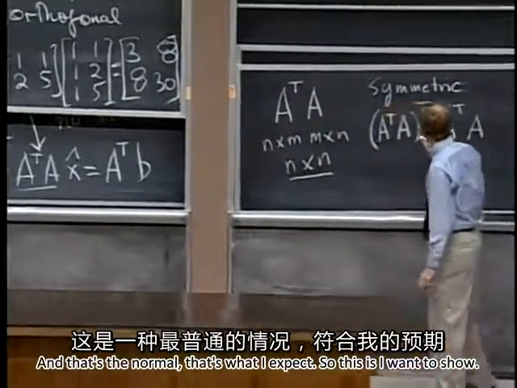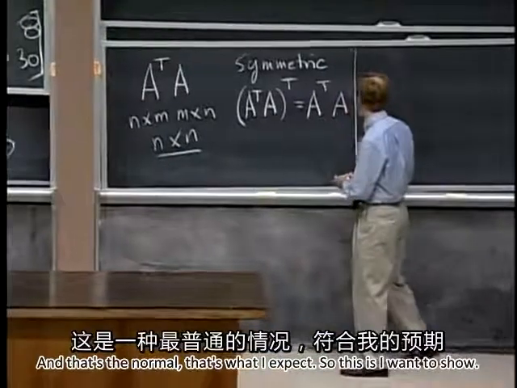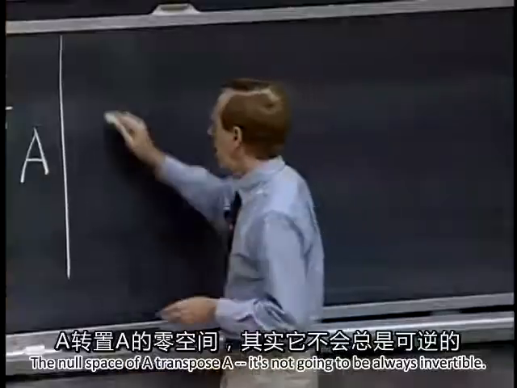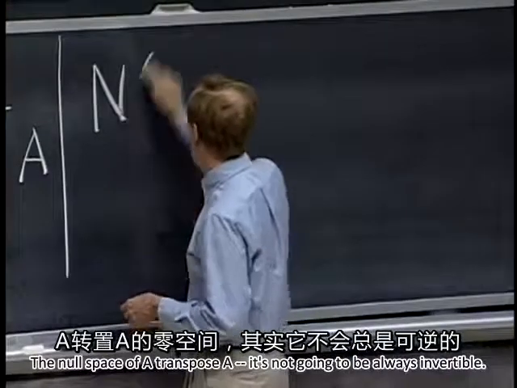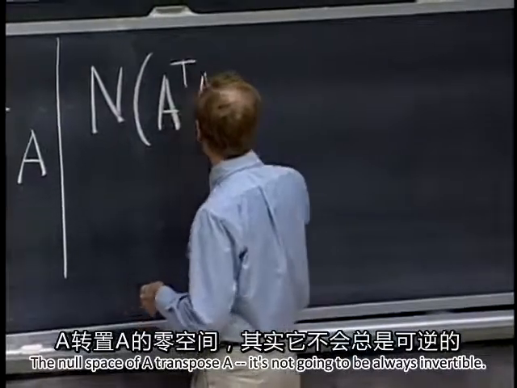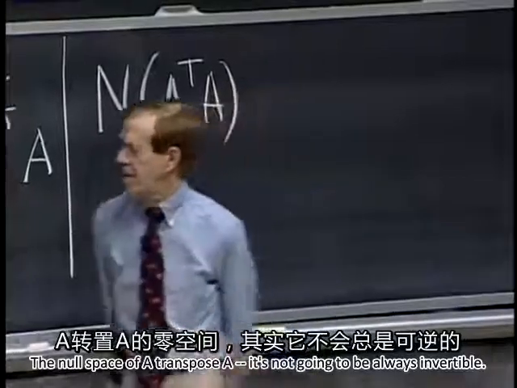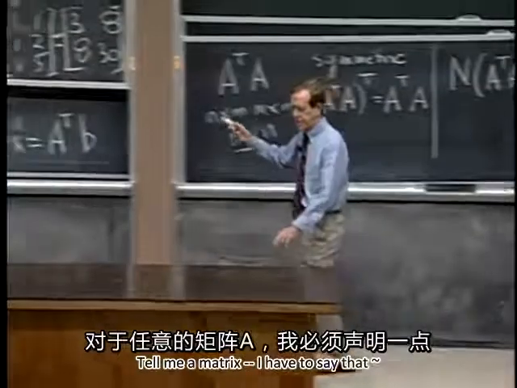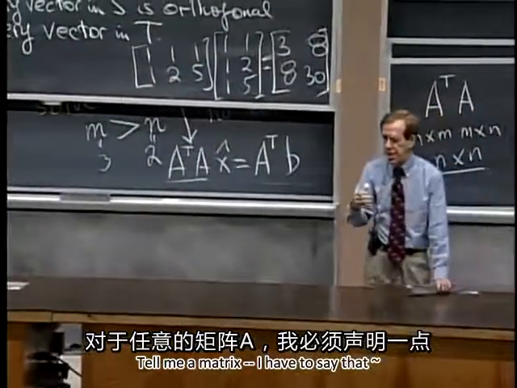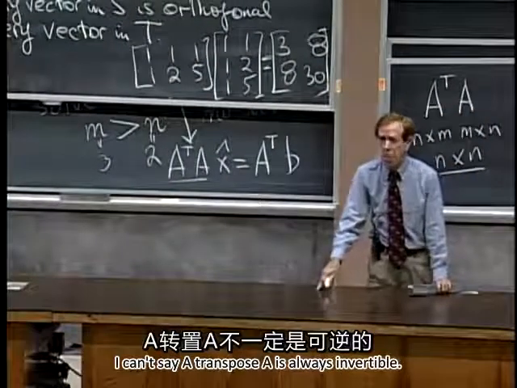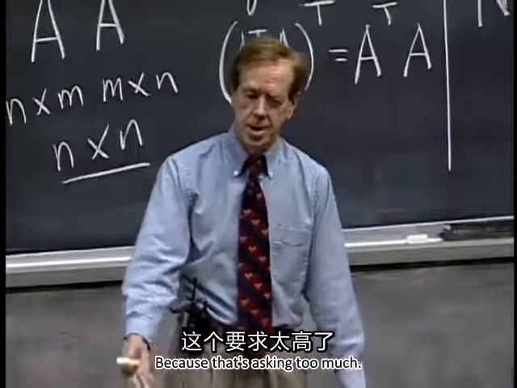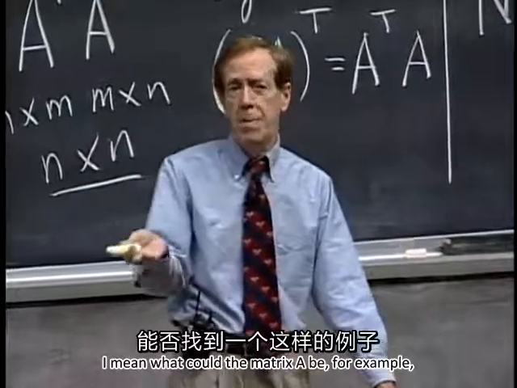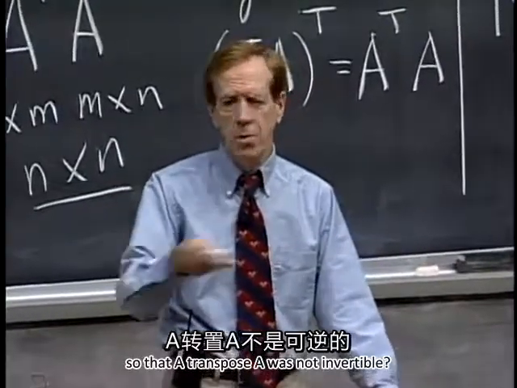So here's the key point. A transpose A is not going to be always invertible. I can't say A transpose A is always invertible, because that's asking too much. What could the matrix A be, for example, so that A transpose A was not invertible?